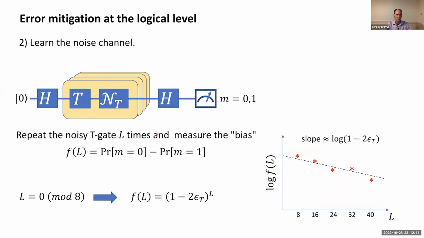And we can choose the number of repetitions such that the T-gates cancel each other, and we just measure the noise. So then we can fit the exponential decay of the measured signal and estimate the T-gate error rate with a small relative error.